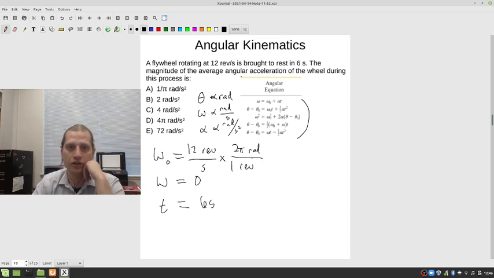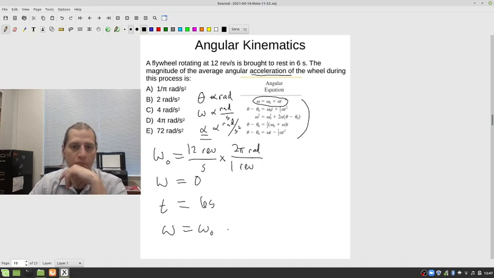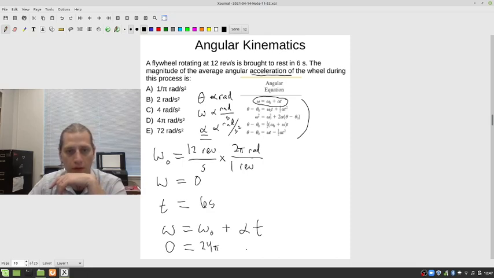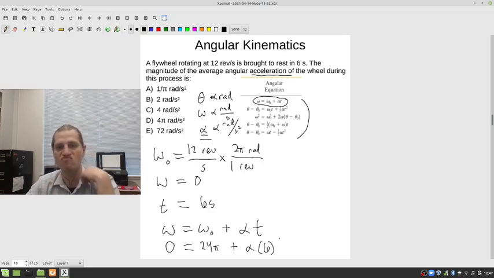it says find the magnitude of the average angular acceleration. Angular acceleration is which one of these? That. Okay, so you want to find this. You have these three. This looks like a good equation to use. So I'm going to have omega equals omega naught plus alpha t. 0 equals 24 pi plus alpha times 6.